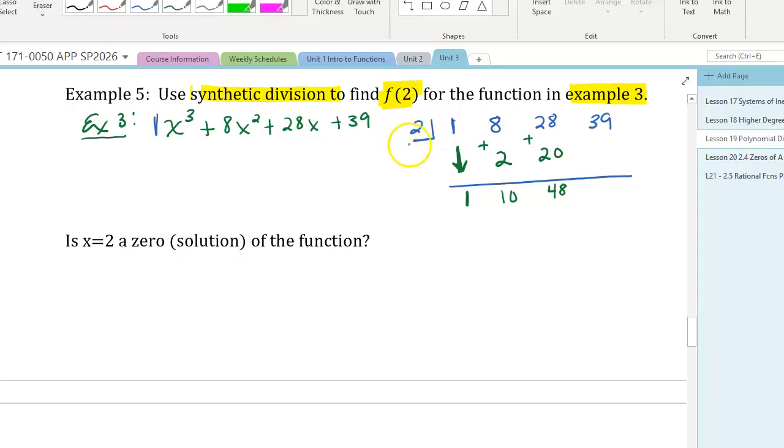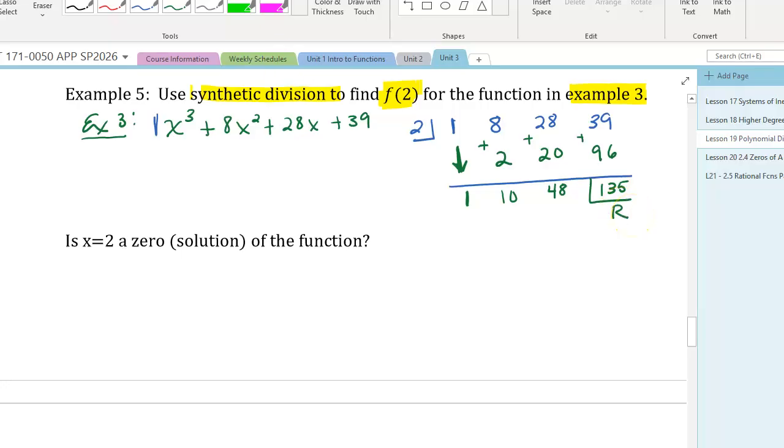We're going to multiply again. 2 times 48 is 96. And then I'm going to add down: 96 plus 39 actually gives you 135, which is our remainder.